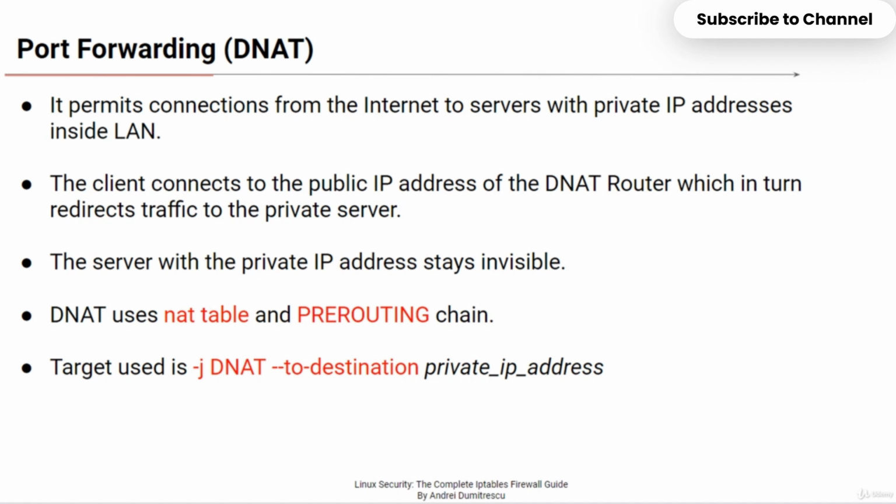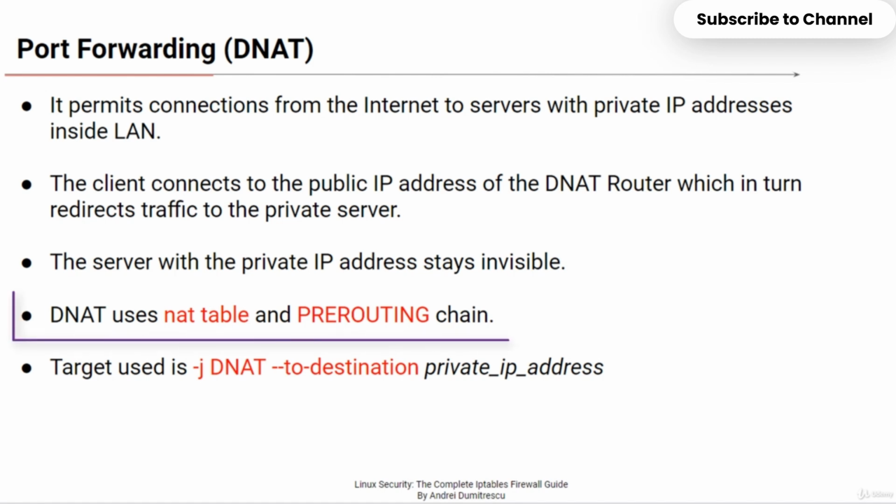The internet client connects to the public IP address of the DNAT router, which in turn redirects the traffic to the private server. The private server, which has a private IP address, stays invisible all the time. The clients from the internet do not know that they are not connecting to the server with the public IP address, which is the router, and that they are connecting to another server in a LAN.